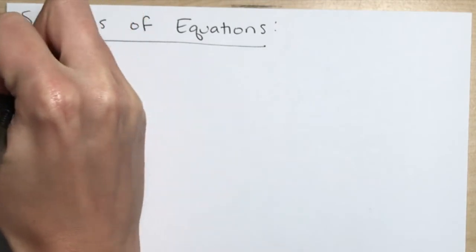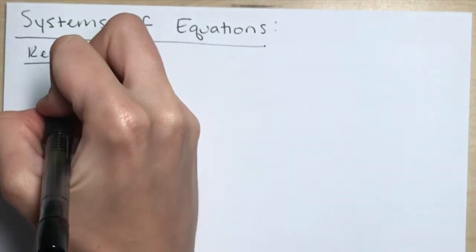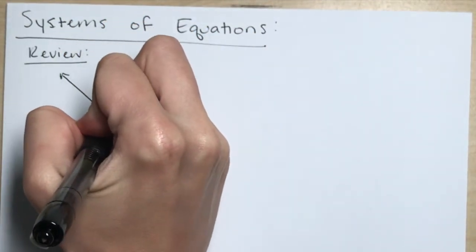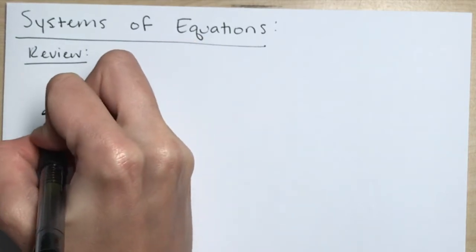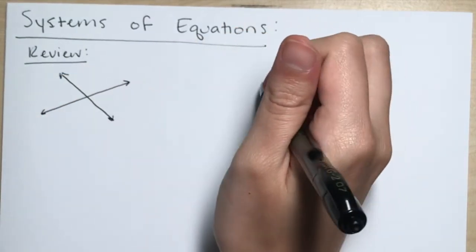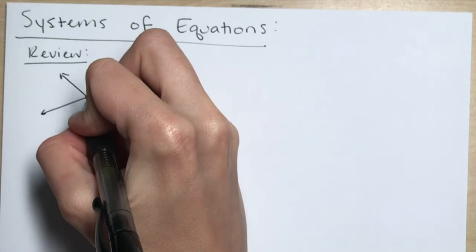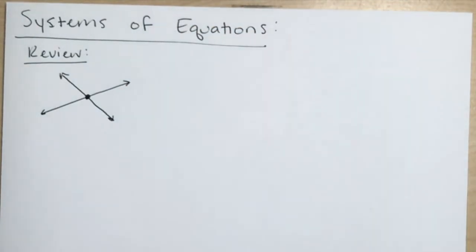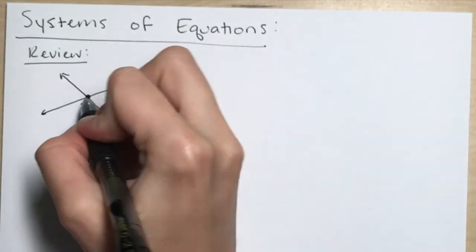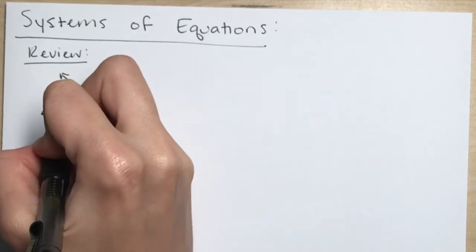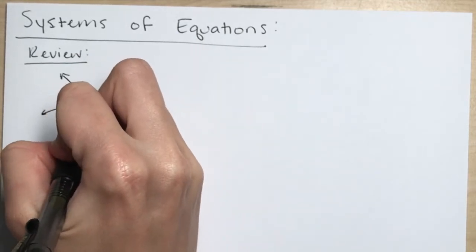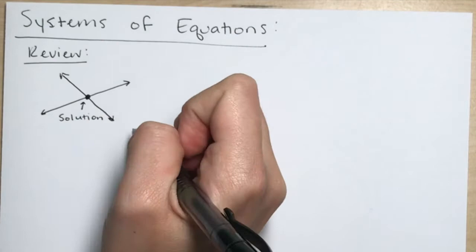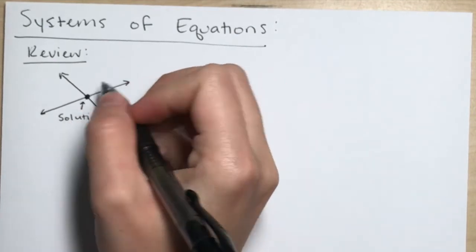If you'll recall, we had three situations with linear systems. We're only going to be working with linear systems in this lesson. We had this first type of linear system where we had one solution, right? They intersected once and the solution was the intersection.